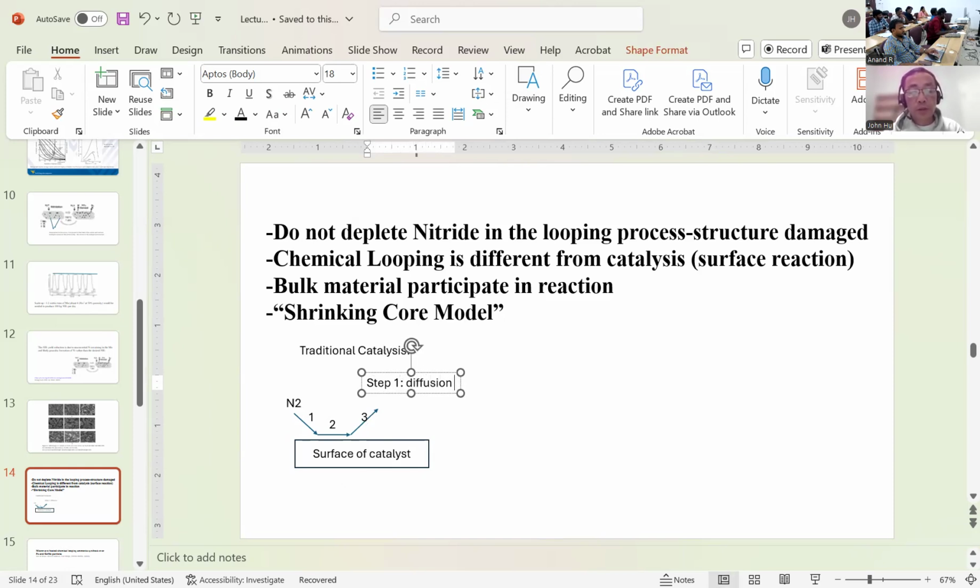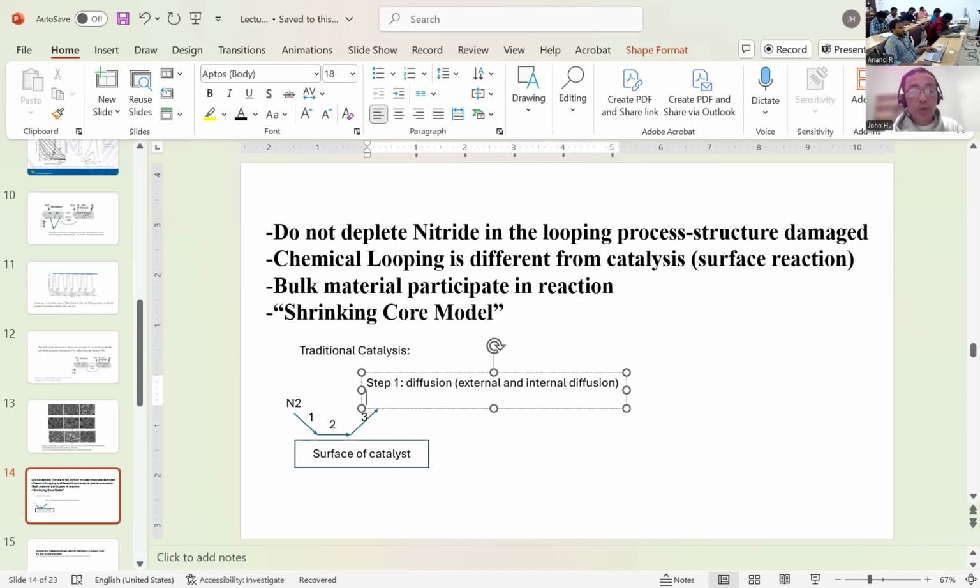Diffusion means external diffusion, where gas N2 diffuses to the surface, and then internal diffusion, which means the surface has a morphology, so it diffuses on the surface. So diffusion means external and internal diffusion.